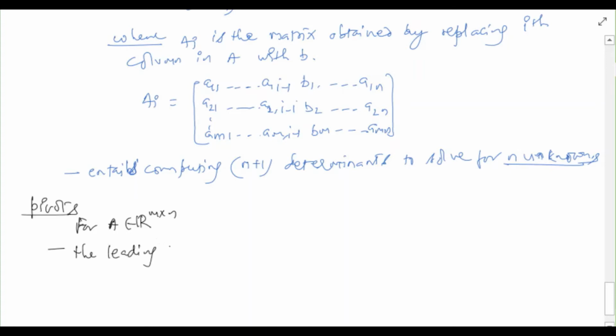The first non-zero entry of any row is called a pivot.